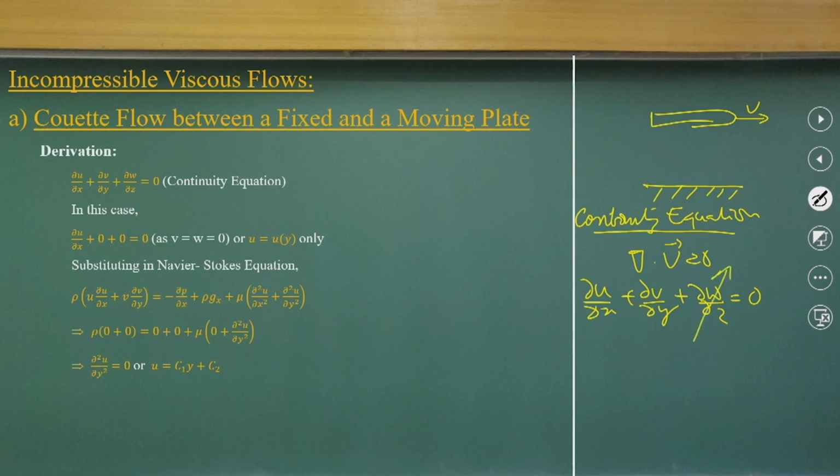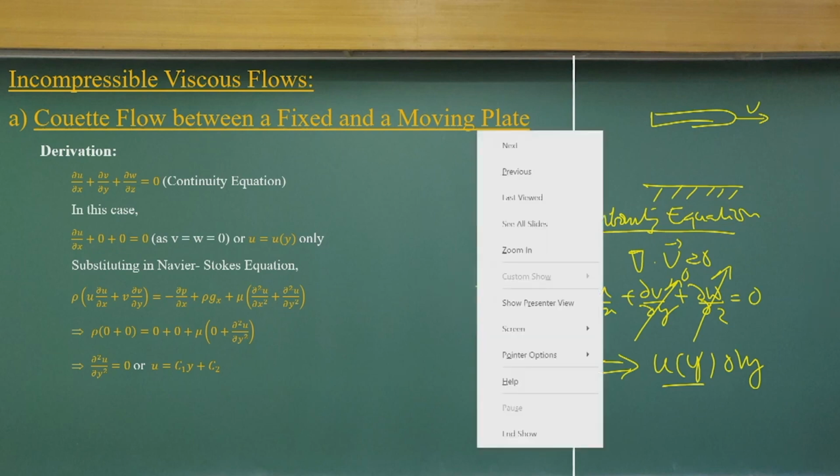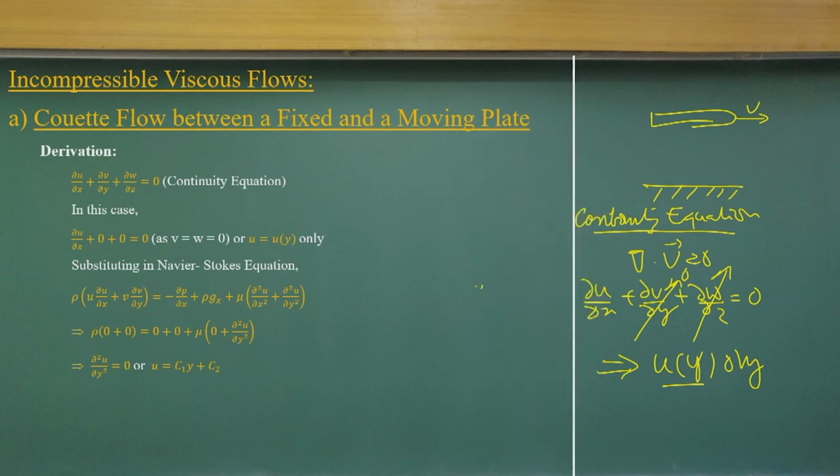So this is 0, this is 0. That means u is only a function of y, that is all. This is justified from the velocity divergence, as we know the other components are 0. Let us not consider the z direction, it is too wide. So only the u velocity component will be a function along the y direction.